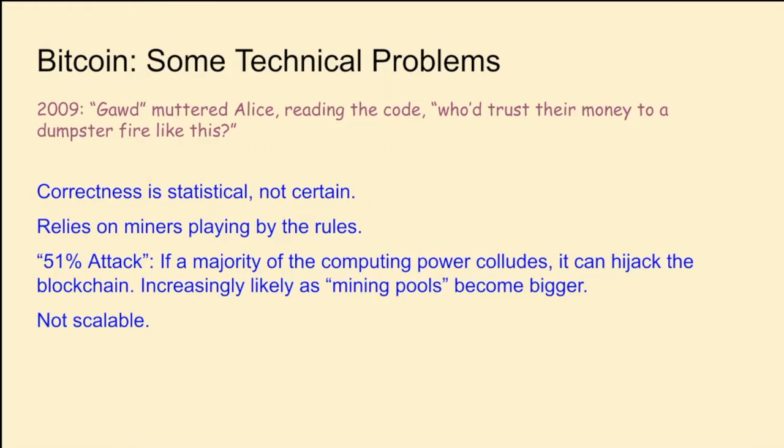One of them is that the correctness of this whole system is basically a matter of statistical probabilities. It's not something that's guaranteed. So in particular, Bitcoin and other similar blockchains work correctly because there probably won't be a fork. And if there is a fork, you probably won't lose your transaction in resolving it.